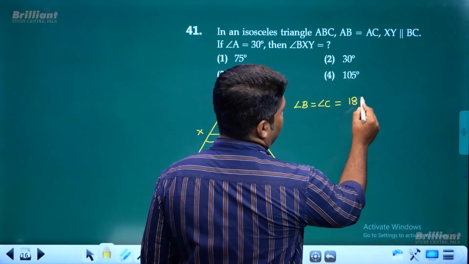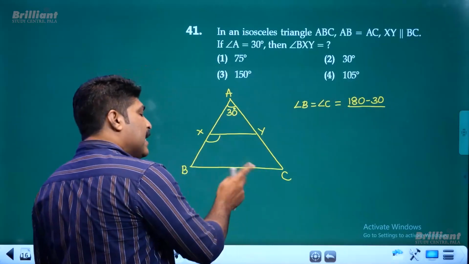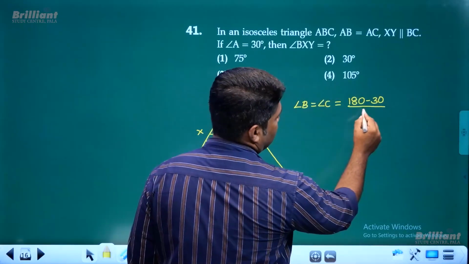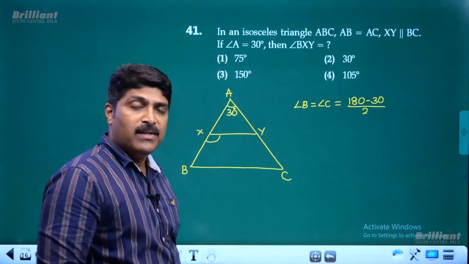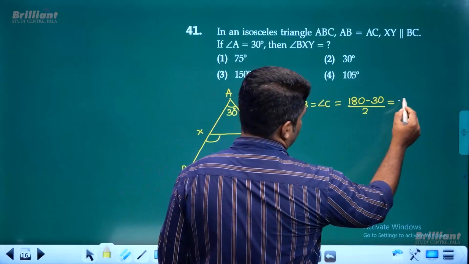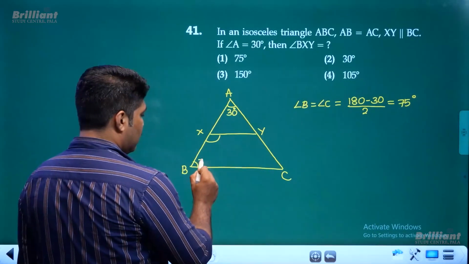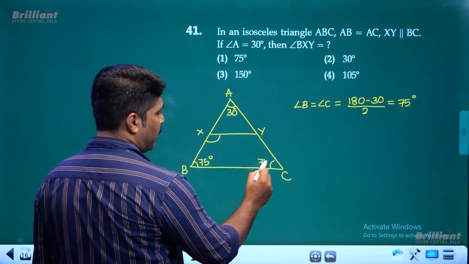Here A is 30 degrees and these two angles are equal. Therefore, B and C each equal (180 minus 30) by 2. What is 180 minus 30? 150. 150 by 2 is 75 degrees each. So these angles are 75 and this is also 75.